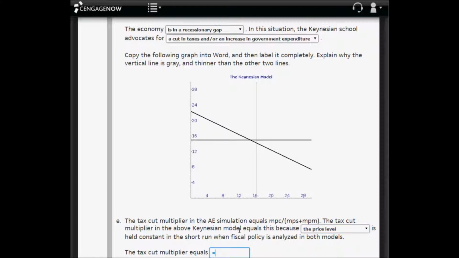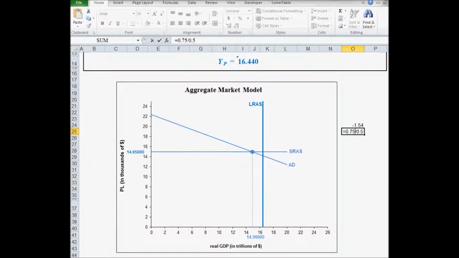So the multiplier equals 0.75 divided by 0.5. 0.5 is the slope of aggregate demand, and 0.75 is the MPC. So I'm going to copy this in Excel to compute it. So 0.75 divided by 0.5 is 1.5.